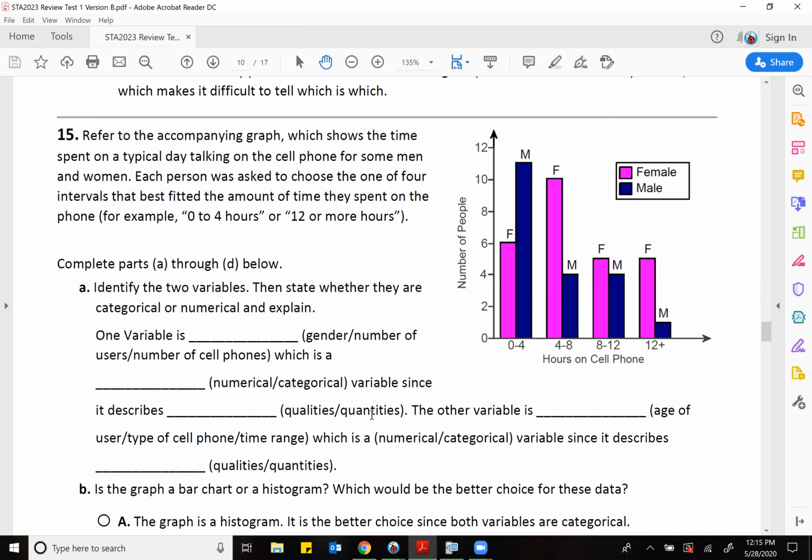Qualities. Categorical is all about qualities. Guys are killing this. All right. So it says the other variable is blank. Age of user, type of cell phone, time range. Time range. You got it.